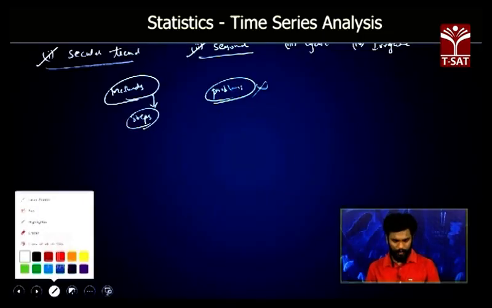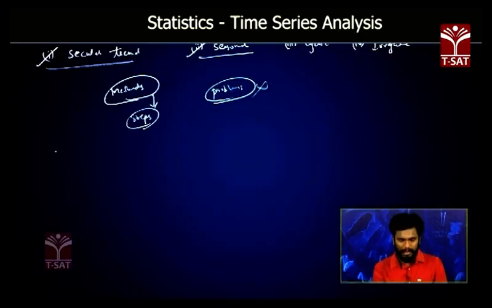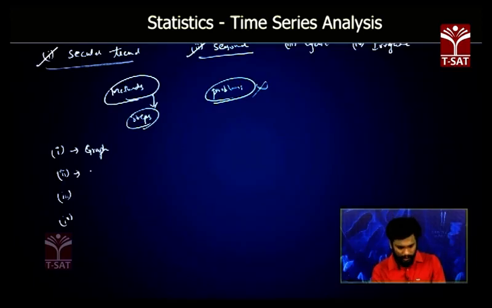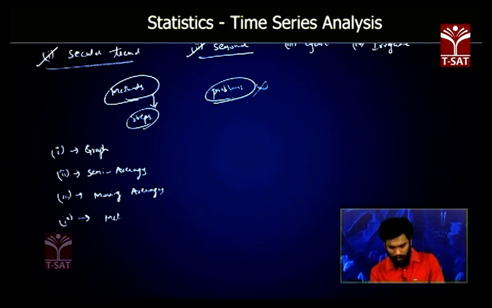Okay. Now, for calculating the secular trend, we have four methods. The first one is the simple graph method. Second one is semi-averages. Third one is moving averages. The fourth one is the method of least squares.